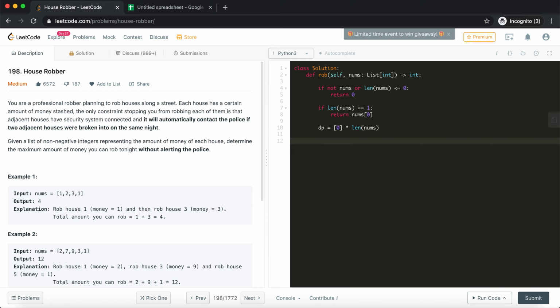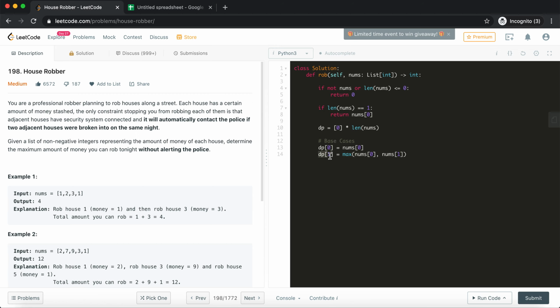As always in dynamic programming, we need to add our base cases. The first base case: if we have just one house, the profit we can collect is the value of that house. If we have two houses, the profit is the max of the values at the first and second houses, whichever is maximum between the two.